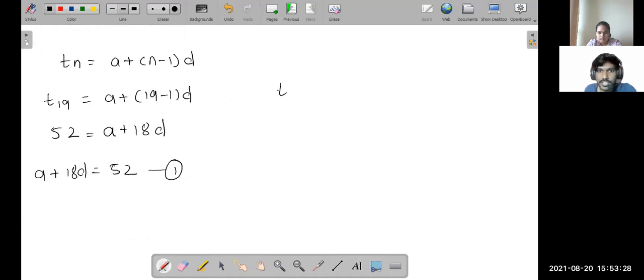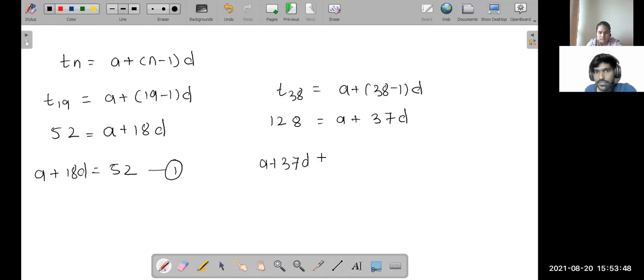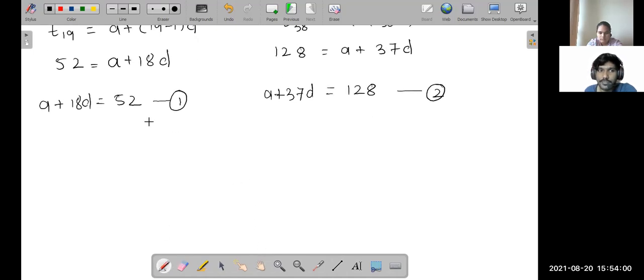So T38 equals A plus 38 minus 1 into D, which is A plus 37D equals 128. Equation number 2.